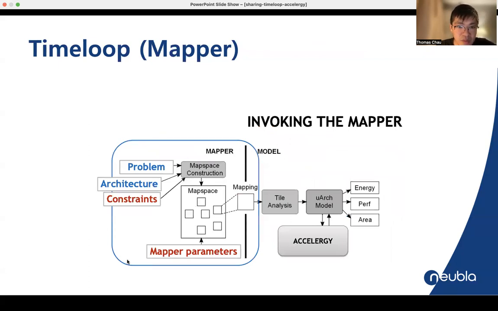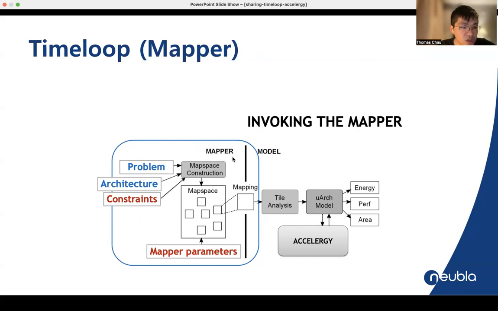Then we move to the mapper side of Timeloop. So the mapping space of choices is extremely large. Specifying the complete mapping manually can be very tedious. In realistic problems, shape and hardware topology will lead to a combinatorial explosion.